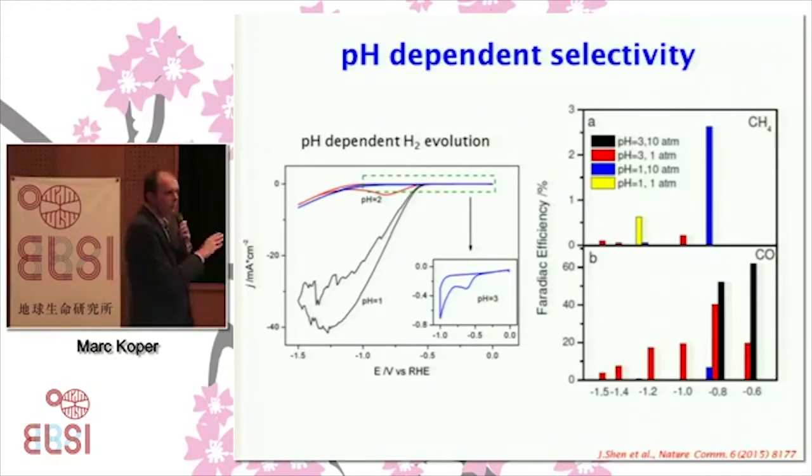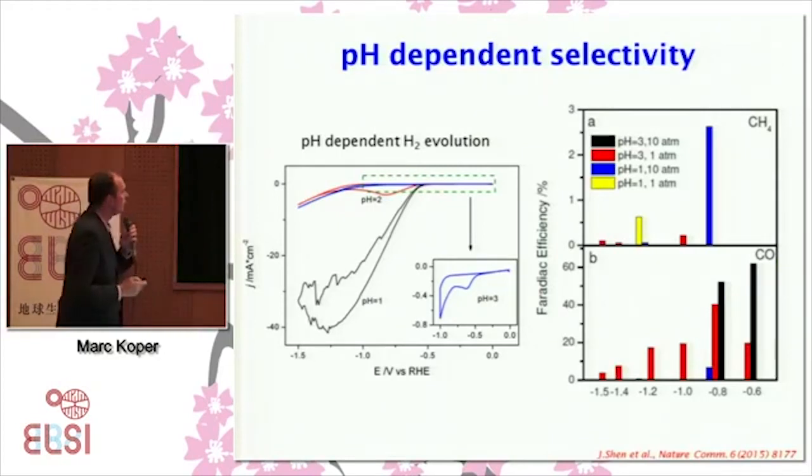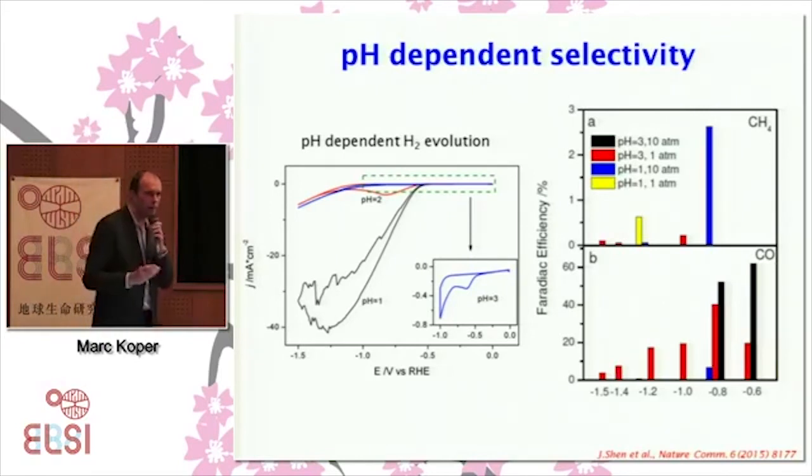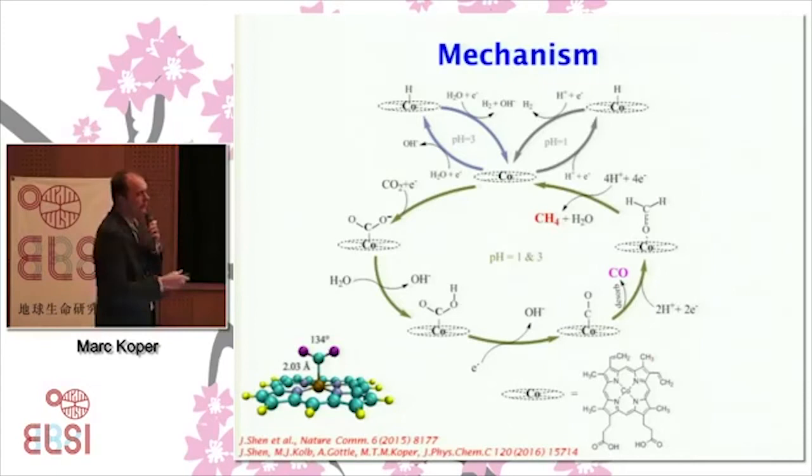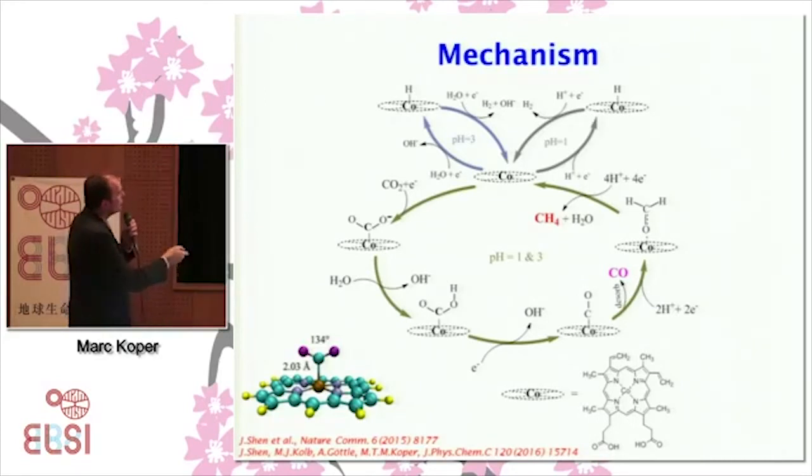Now, there's different ways of looking at this, but the key reason why I think that this is so sensitive to pH is that the hydrogen evolution reaction takes place through a concerted proton-electron transfer and is not very sensitive to pH. But the CO2 activation is a process that takes place through an initial electron transfer. So we start from the cobalt porphyrin here.